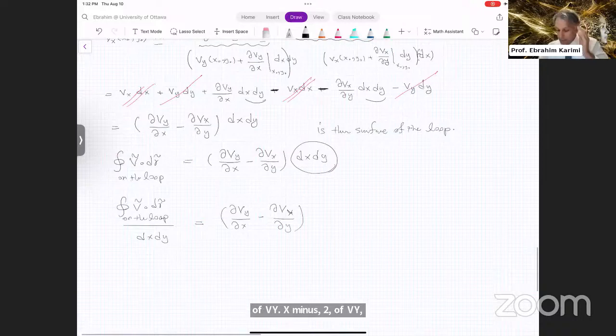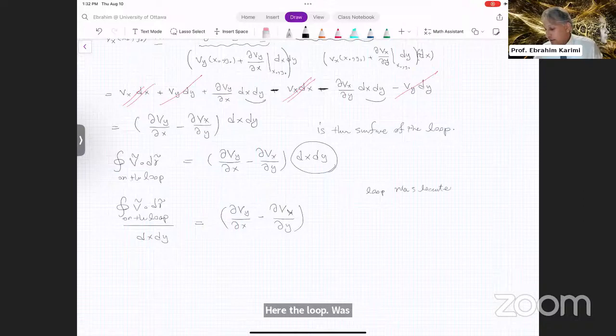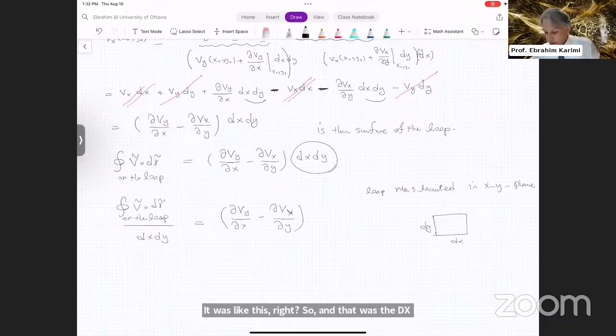So here the loop was located in the xy plane. It was like this, right? And that was the dx and that was the dy.